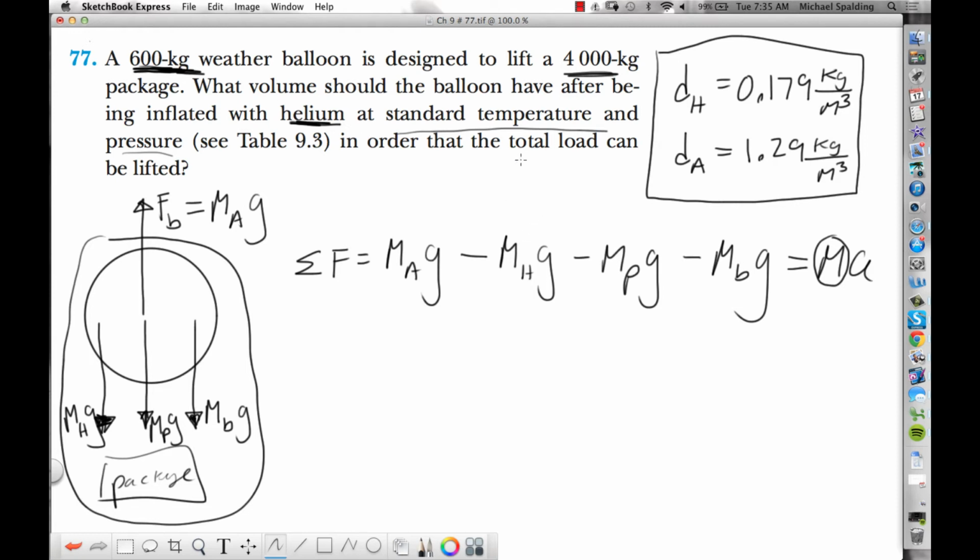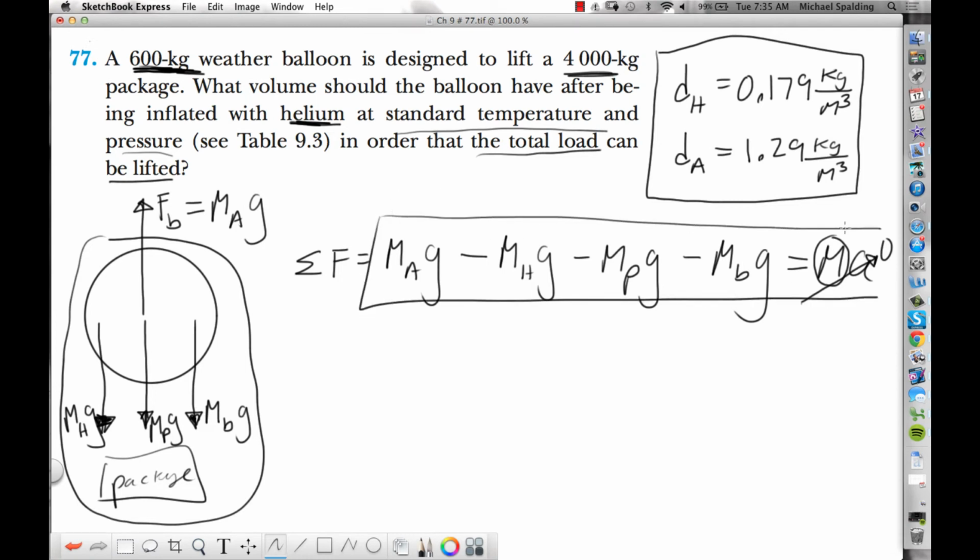No, because of the way they word this, in order that the load can be lifted. The balloon is going to barely lift the package off the ground. Not accelerate, just lift the package off the ground. So we can set the acceleration to 0. And then what we're left with is this. Now, what are we missing?